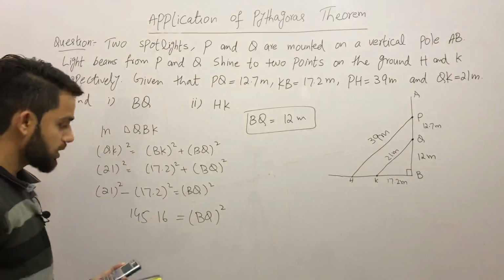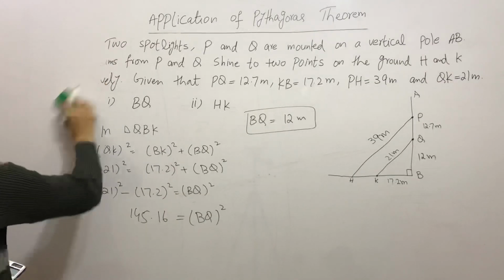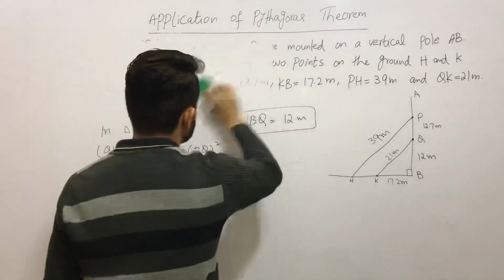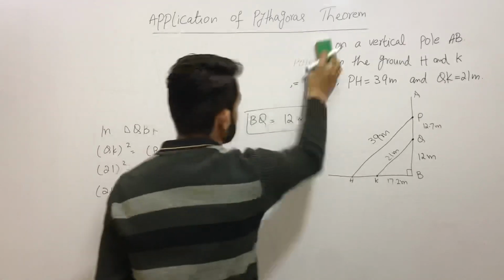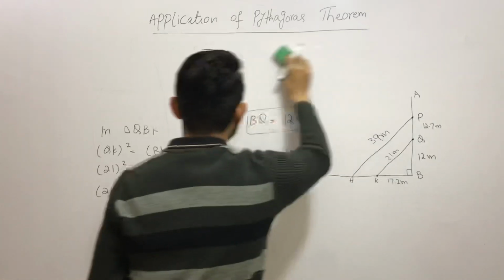So I am going to erase all that, including the question, because we don't need it, as I already drew the figure for you. Do not forget that we need to find HK.